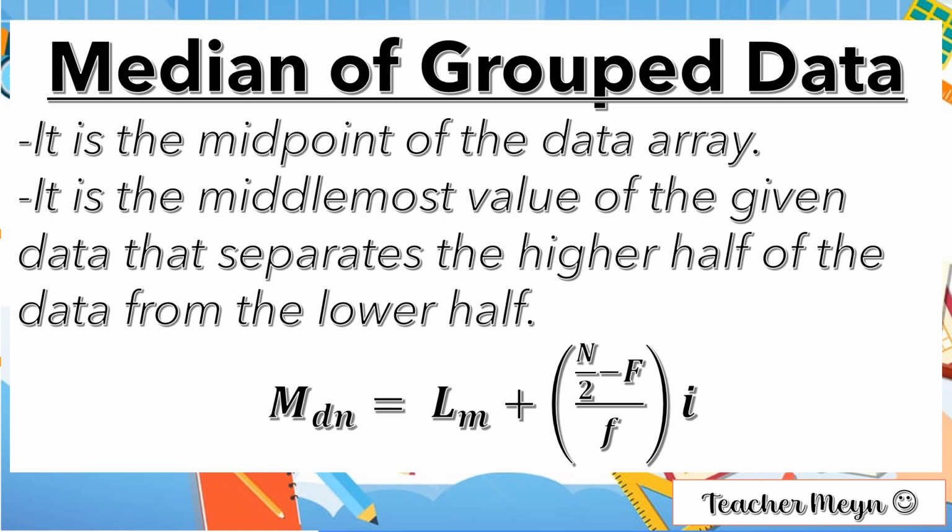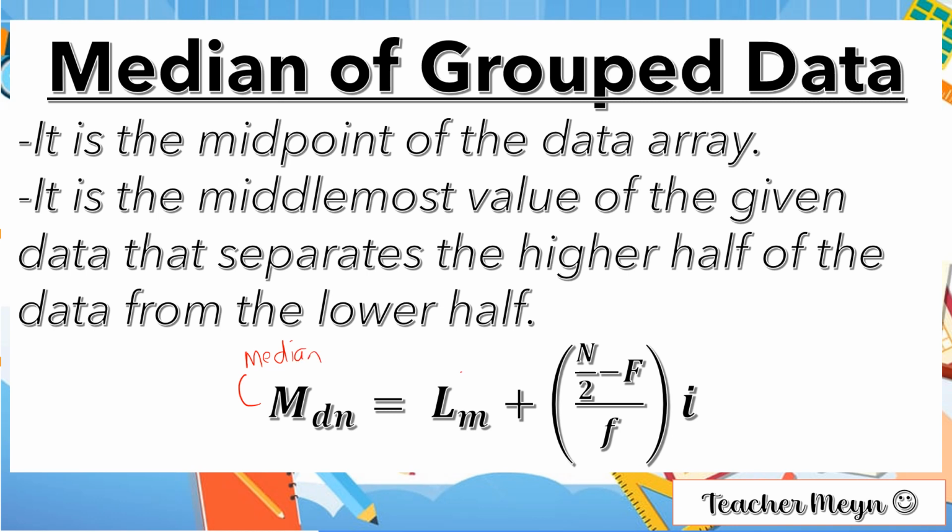The formula for the median of group data is M sub dn equals the exact lower limit of the median class plus n over 2 minus f divided by f times i. Remember, M sub dn is the median.